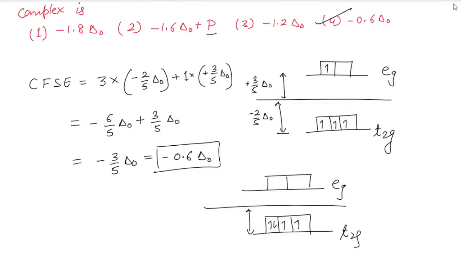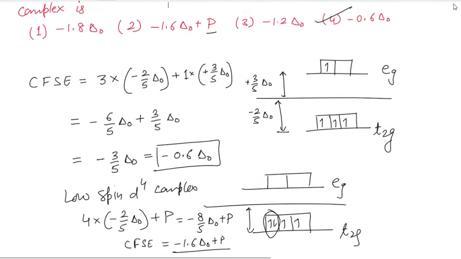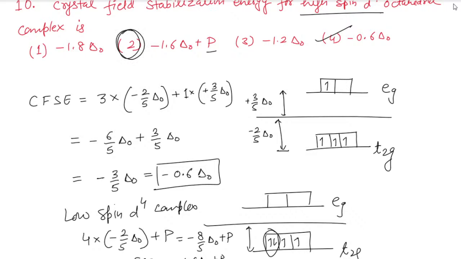So in that case, it becomes 4 into minus 2 by 5 delta O, and there is one pair of electrons, so plus P. That means it becomes minus 8 by 5 delta O plus P, that is minus 1.6 delta O plus P. So for low spin d4 complex, value comes out to be minus 1.6 delta O plus P. So that means if it is low spin, then option second is correct, but it is given high spin.